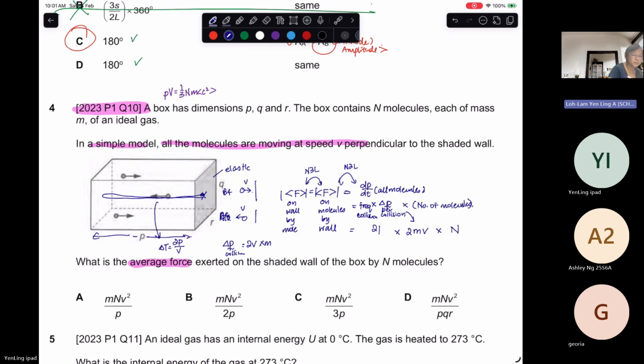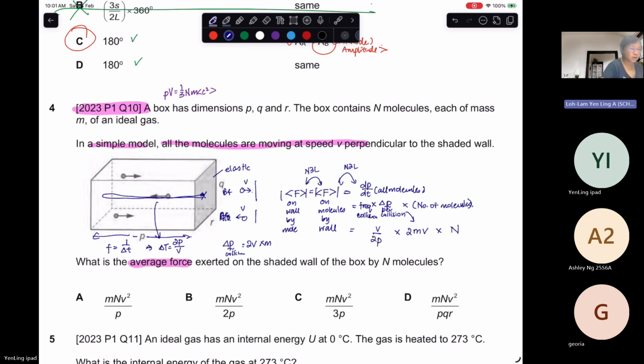So we've got our 2p over v. Oh no, that's time. We want frequency, of course. This is the time taken between collisions. Frequency is the number of collisions, so it is 1 over delta t. So I need to flip it around, so I've got v over 2p.